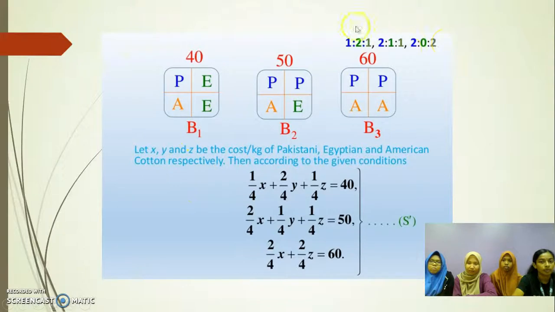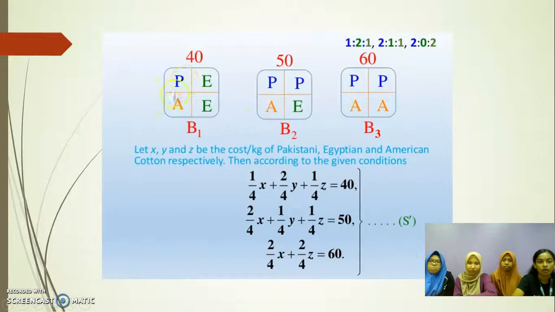First of all, based on the given ratios, we group them into each brand, B1, B2 and B3. For example, for B1, we have one of Pakistani cotton, two of Egyptian cotton and one of American cotton. So we let x, y and z be the cost per kg of Pakistani, Egyptian and American cotton respectively, and then we build the following system of equations.